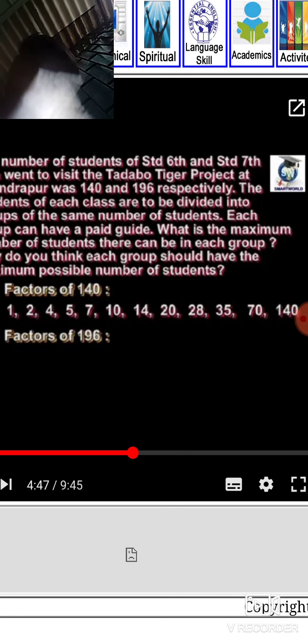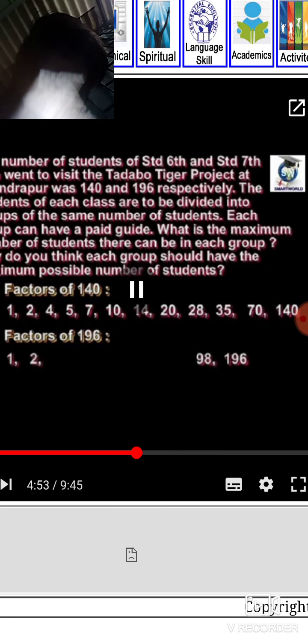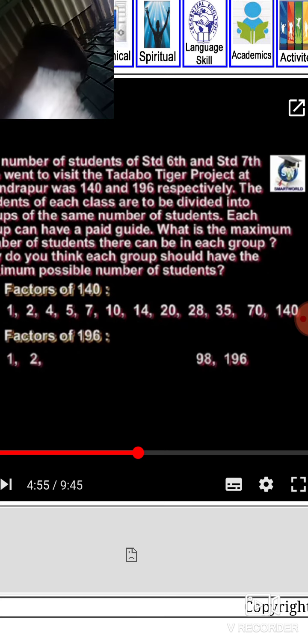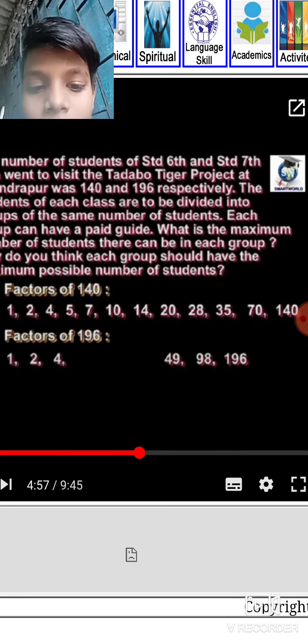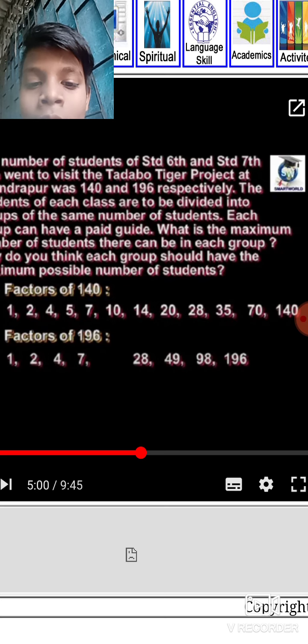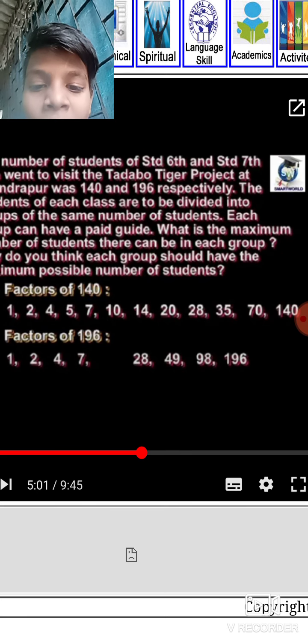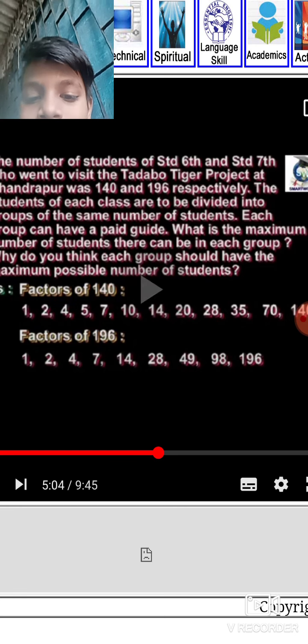Now the factors of 196: 1 and 196, 2 and 98, 4 and 49, 7 and 28, 14 and 14.